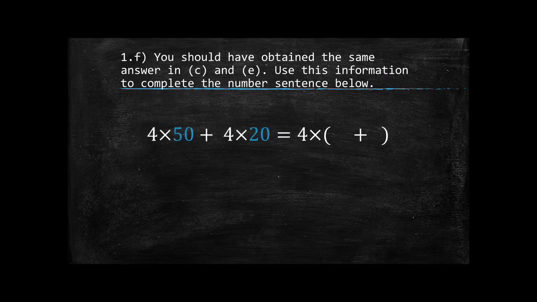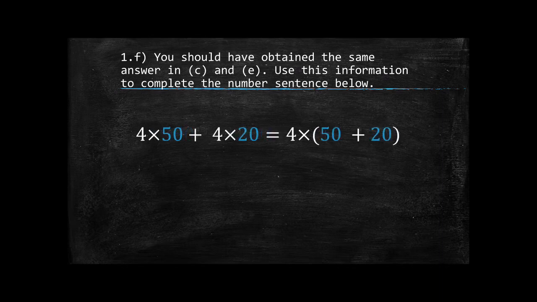That would be 4 times 50 plus 4 times 20. On the right, we've got 4 times the total that she spent on each person. 4 times 50 plus 20. And those 2 number sentences on either side of the equal sign have the same value.